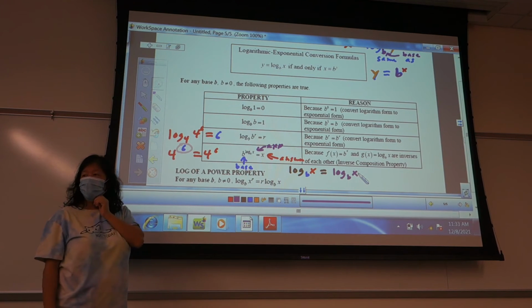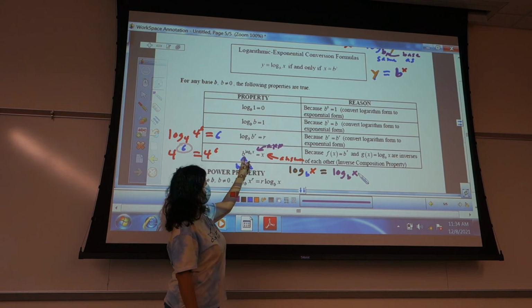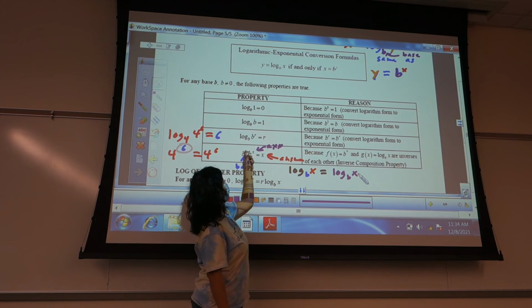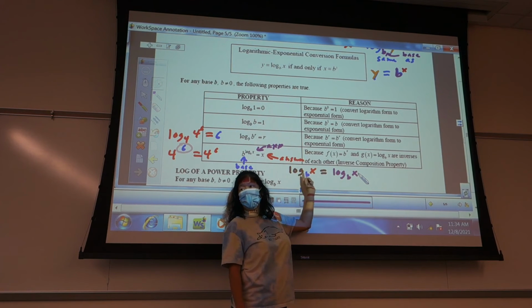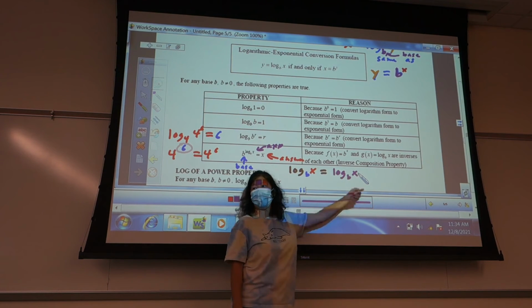So, is everyone understanding me? If I rewrote this in log form, I'd have log base b of my answer equals my exponent. And that makes sense because they are exactly the same thing. Log base b of x, log base b of x.